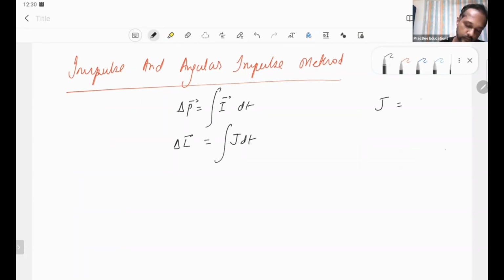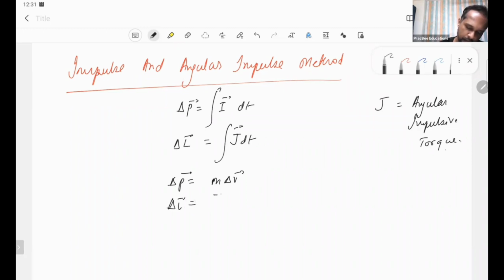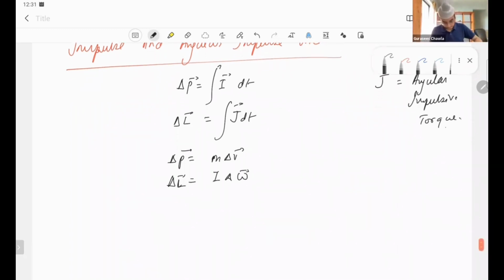J is the rotational counterpart of I. Think of it as torque, torque in place of force. Delta P is like M into delta V. Delta L is I into delta omega. Yes. Fine.